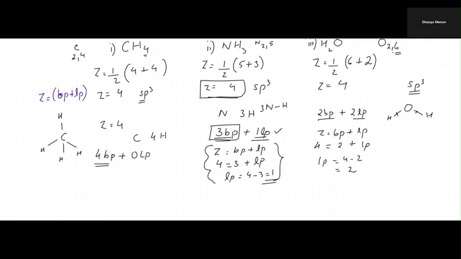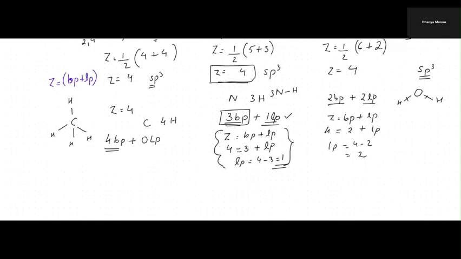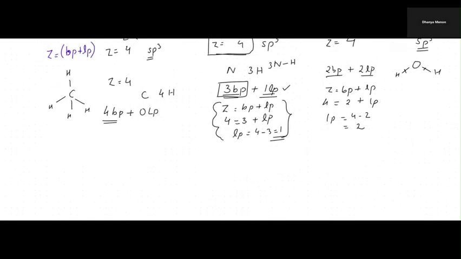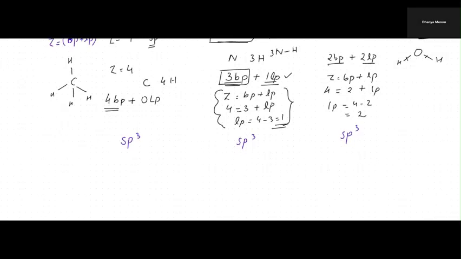Now, here, I just wanted you to understand that all of them are sp3 hybridized, right? Whether they have lone pair or they don't have lone pair, they are all sp3 hybridized because the Z value is 4.